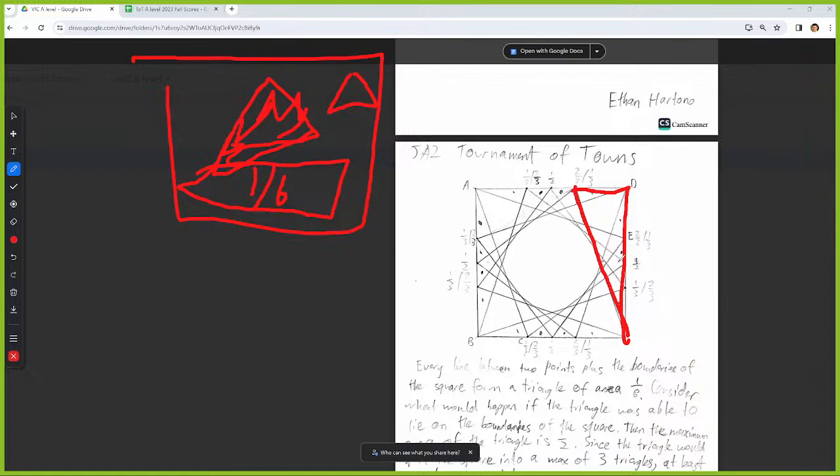So that triangle. Can you tell me what area the triangle has? A 6, yeah? It's base times height divided by 2. So that's 1/3 times 1 divided by 2, which is a 6, yeah? Okay, so they do that for all these lines, yeah?